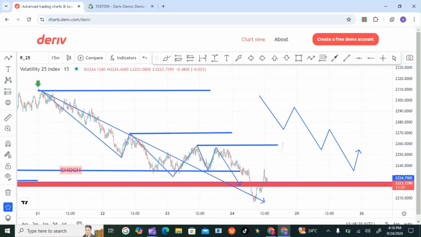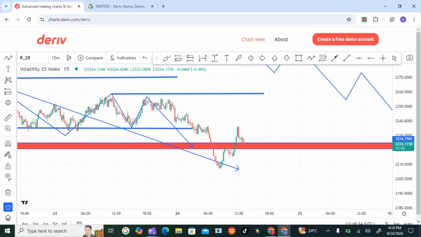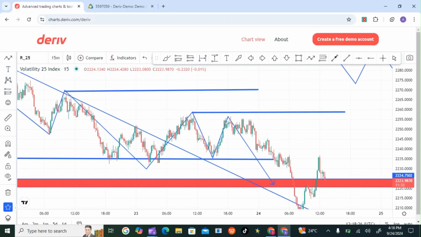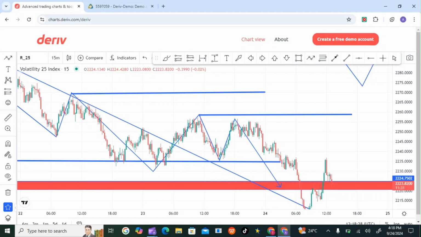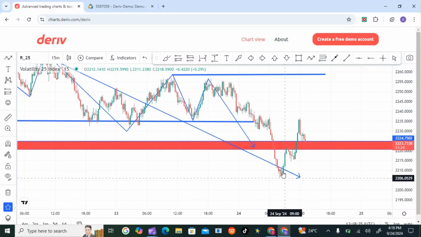So on the 15 minutes, what do we identify? We can see the market has also broken this zone very well on the 15 minutes. And how is the movement of the 15 minutes?